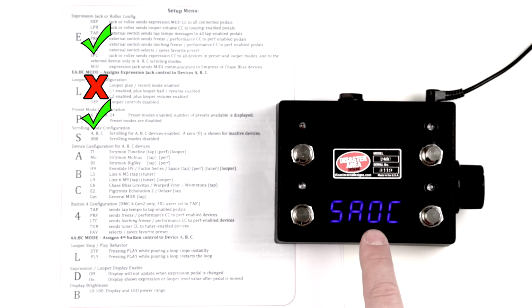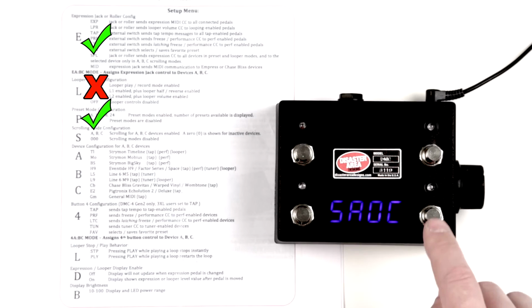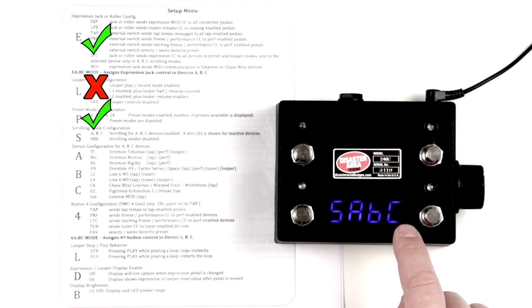Right there. The bypass pedal shows up as a 0. So if I had a pedal on A, B, and C, and I was scrolling through in the scrolling mode, it would only go from A to C and back to A again. It would never go to B. It's handy if you want that sort of thing. I have mine set up to A, B, C because I'm doing all 3.